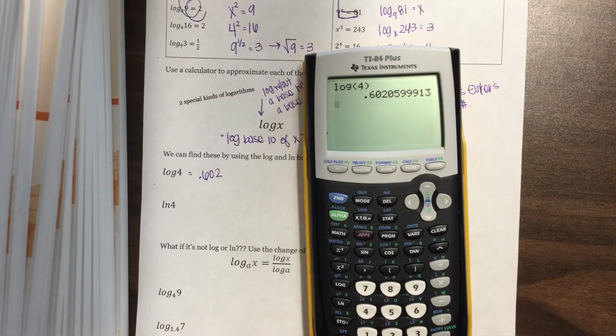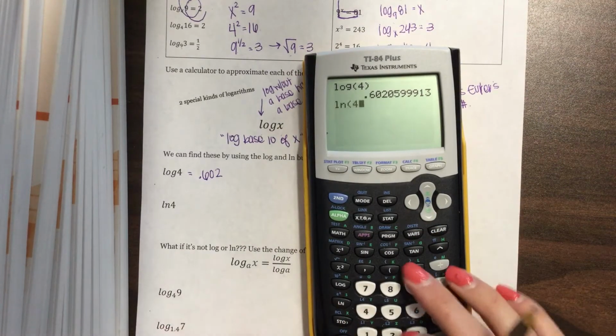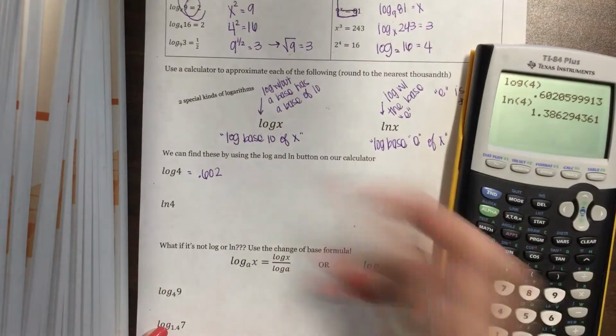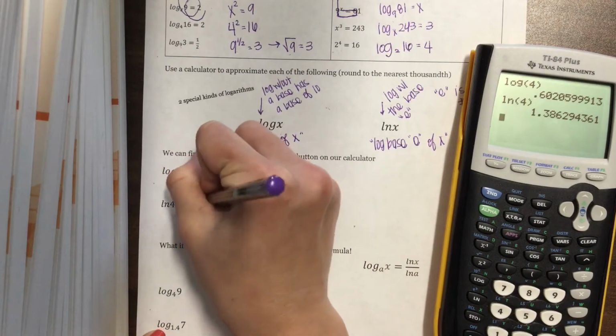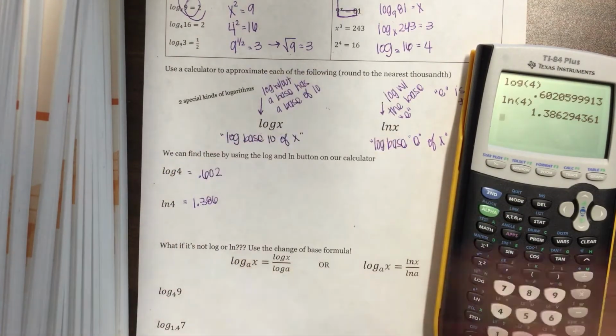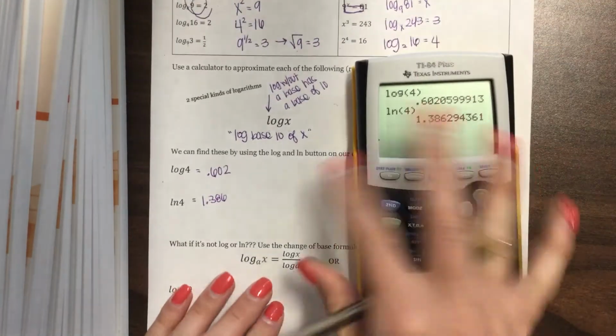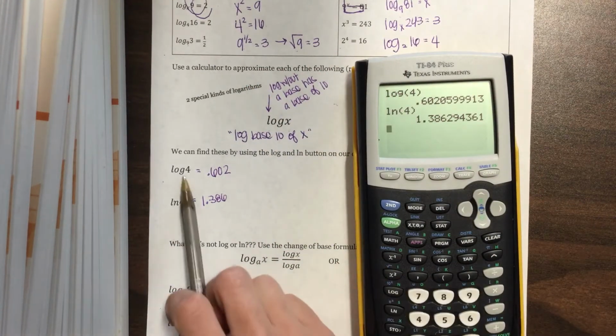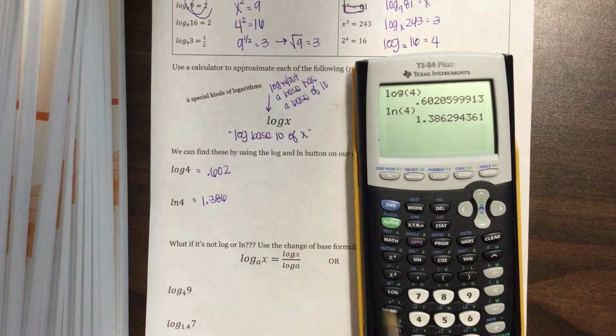We can also do ln of 4. So ln of 4 is 1.386. And that's all you do on those two. Super easy. So if it says to find these using your calculator and they don't have bases, and if it's ln, you just push ln. If it's log, you just push log.